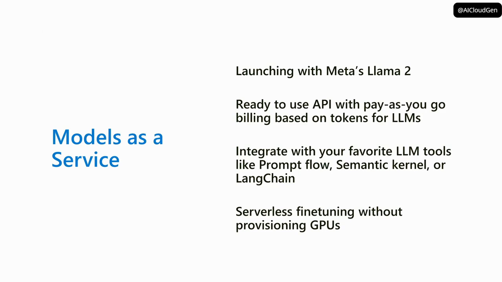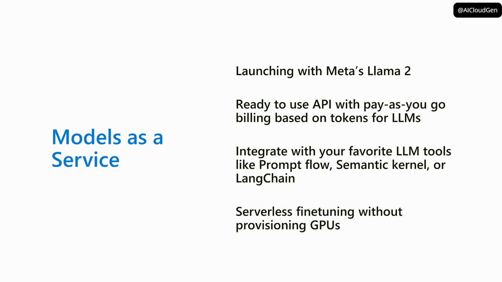Also, within the Azure AI Studio, Microsoft is launching Meta's Llama 2 models. These are ready-to-use APIs with pay-as-you-go billing based on tokens for the large language models. You can integrate with your favorite LLM tools like Promptflow, Semantic Kernel, or even LangChain, and you can use serverless fine-tuning with provisioned GPU.